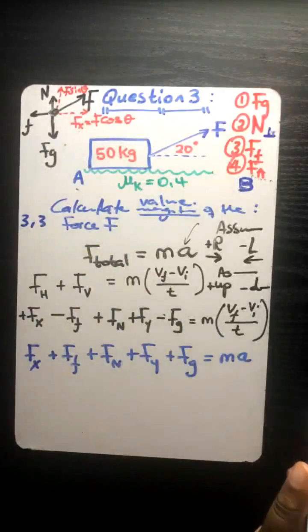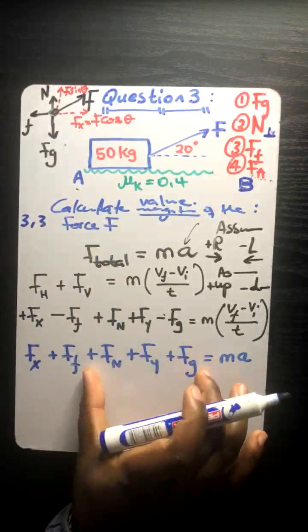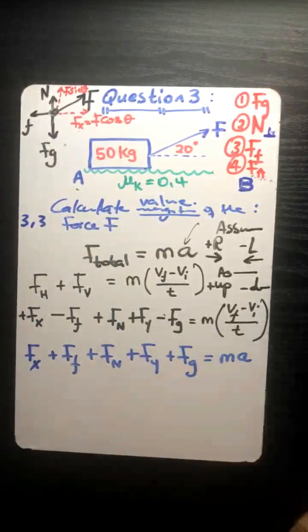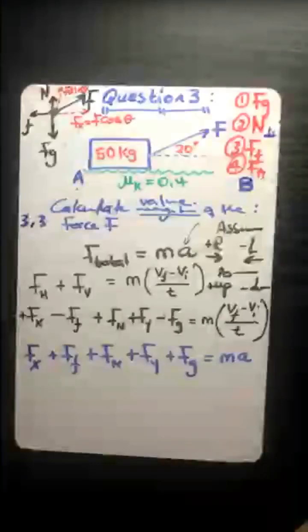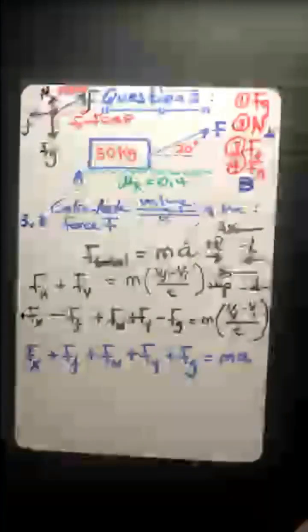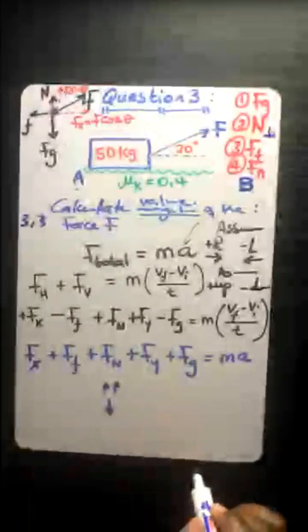The reason why some forces end up cancelling out is because you ask yourself this question: is the object moving up and down? Yes or no? No. If the answer is no, that means all the upward forces are balancing with the downward forces.